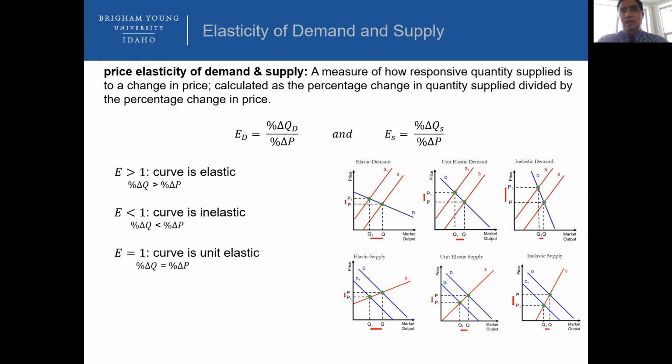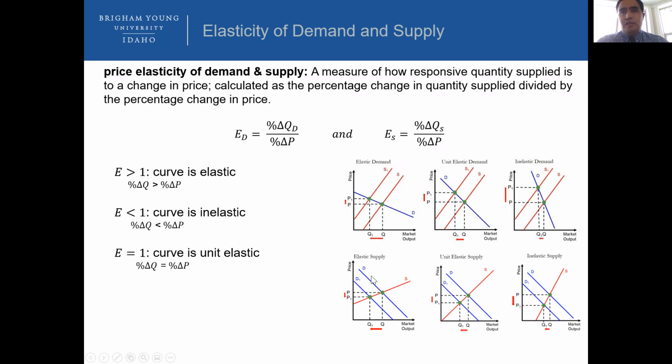If the absolute value of the elasticity is greater than 1, it's elastic. Let's look at what happens if the supply goes from S to S1. There's a huge change in quantity and a small change in price.